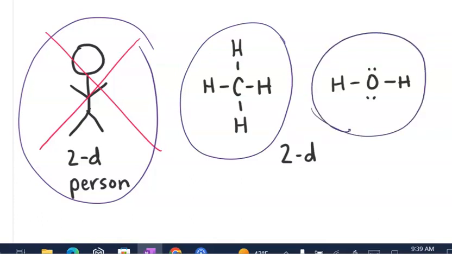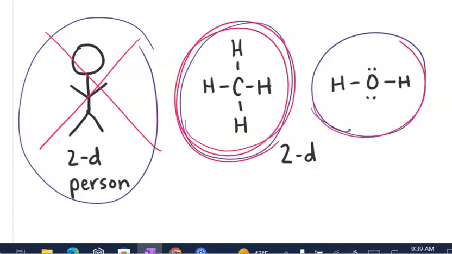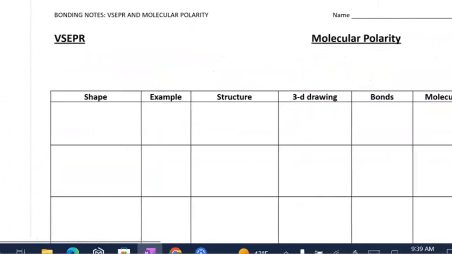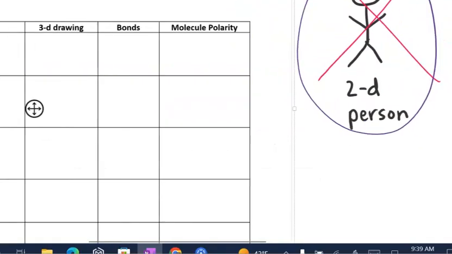What we're learning today is how to change this drawing and this drawing, which again are 2-dimensional drawings, into 3D. So we're going to figure out what the shape of molecules look like in 3 dimensions instead of just on paper. All right, so what that's called is something called VSEPR.